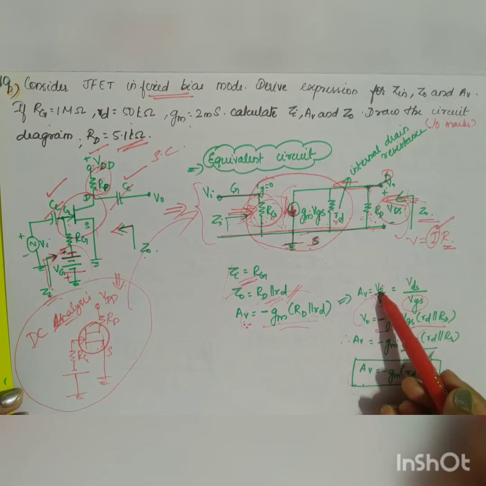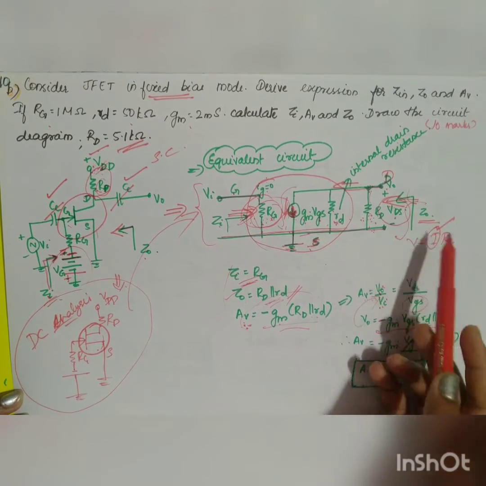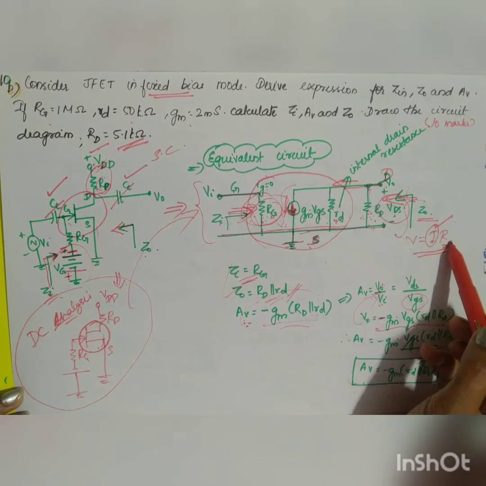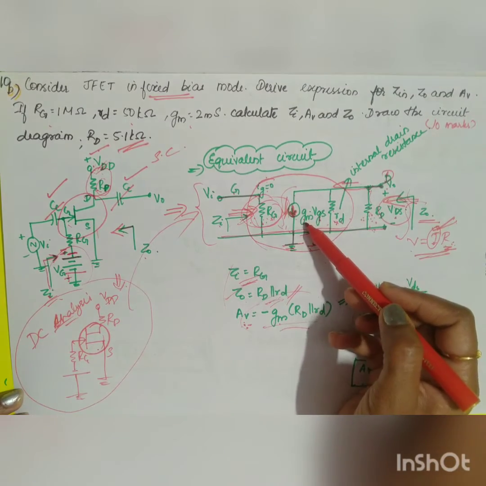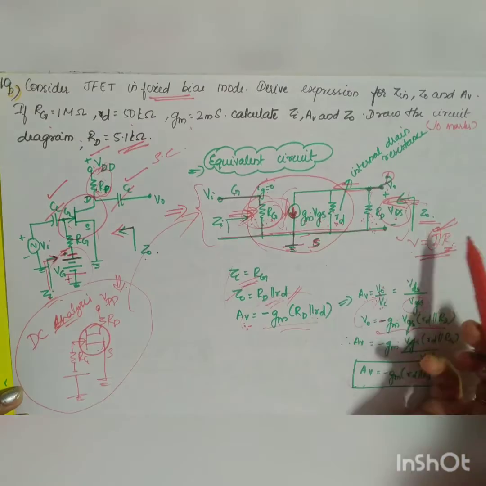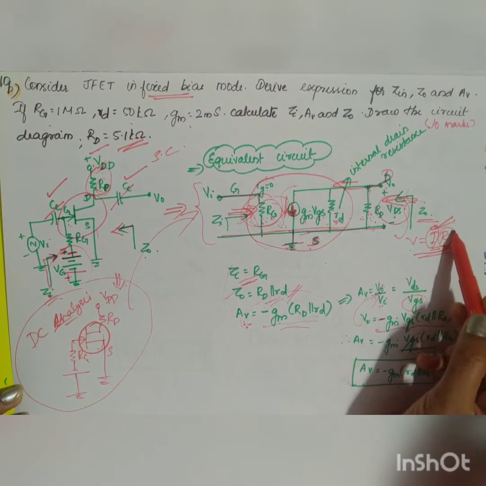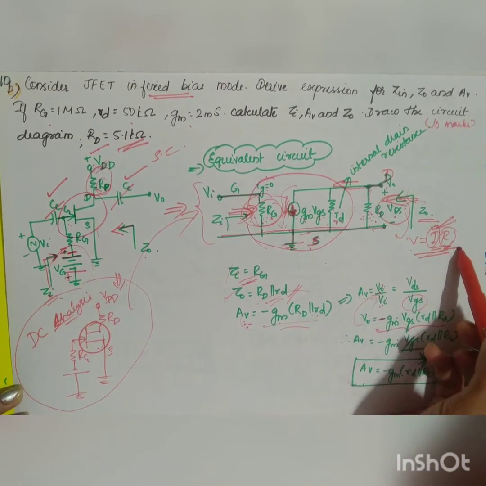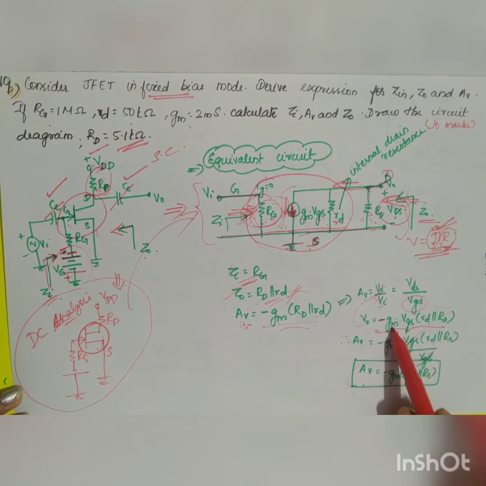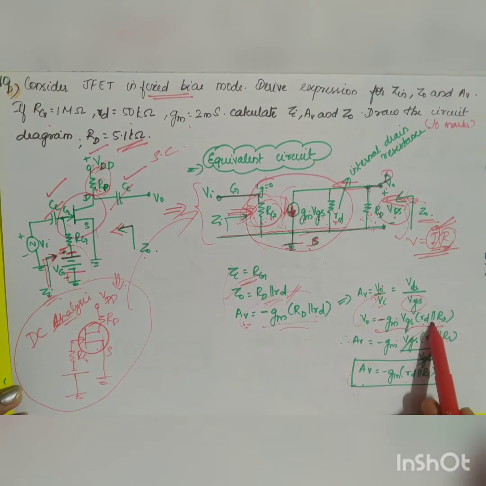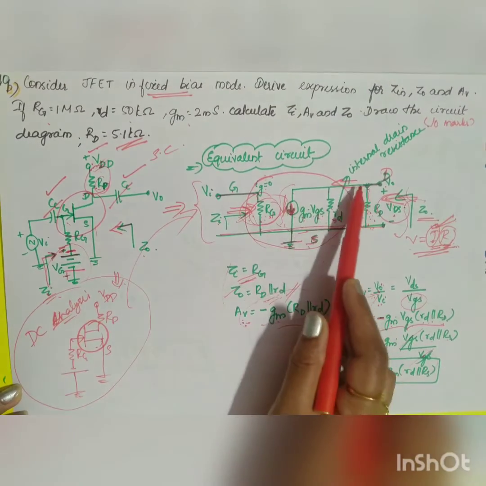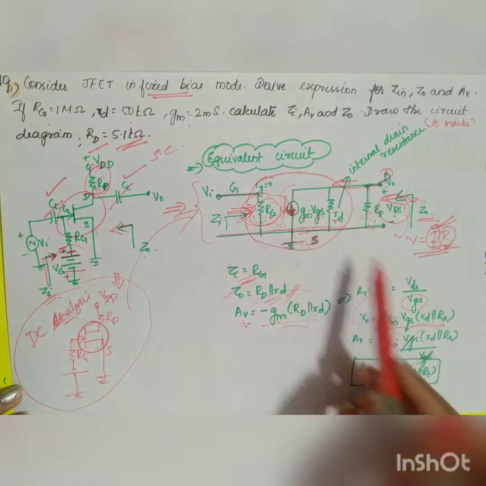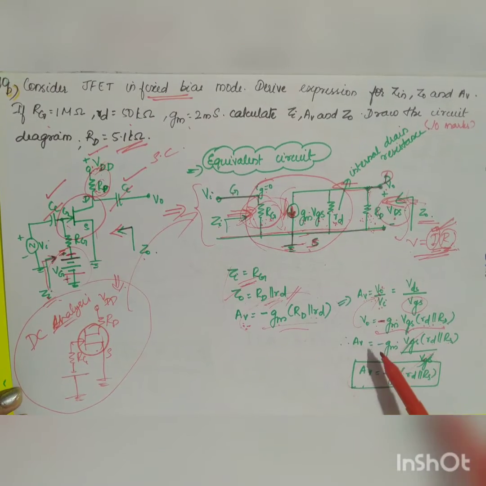Output voltage, which is equal to VDS, is current into resistance. Output current is the current source, gm into VGS, and the resistance is small rd parallel to capital RD. So you have gm into VGS into small rd parallel to capital RD. You have a minus because the current is flowing from drain to source, which is in the opposite direction.